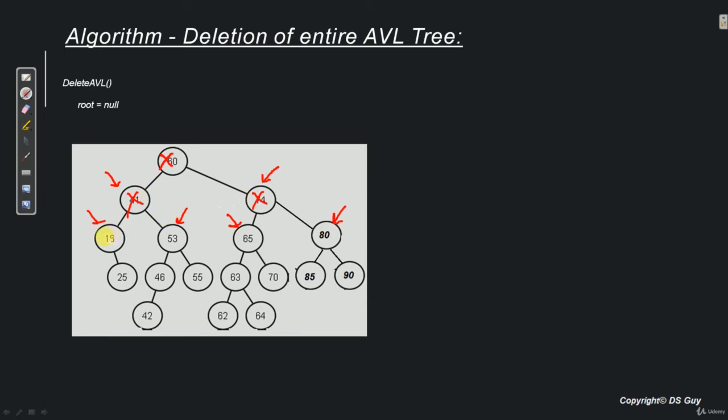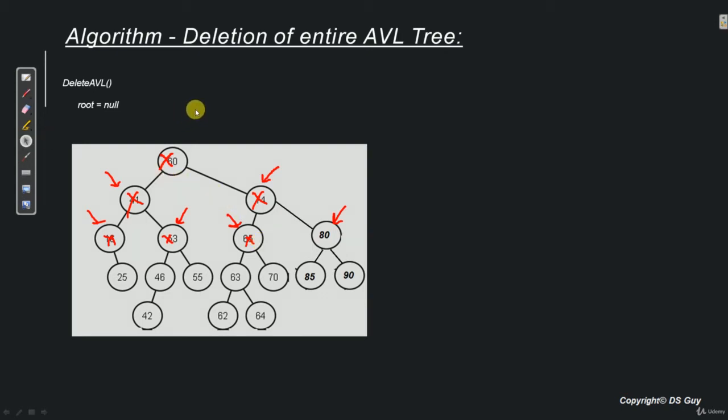So the garbage collector again deletes these nodes, and similarly this process goes on till each and every node of this tree is deleted. So that's how the entire tree can be deleted with only one single statement.